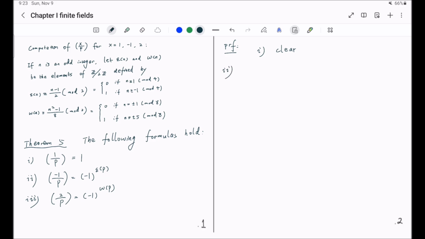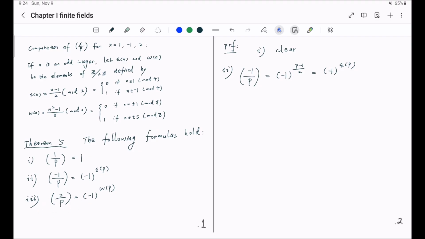Number 2 is also easy. This is because the Legendre symbol of -1 over p is (-1) to the power (p minus 1)/2, which is by definition (-1) to the epsilon of p.